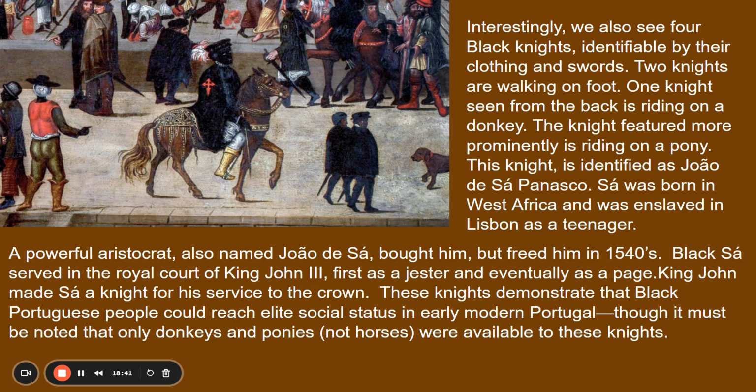Two of them are walking on foot, and then you have one knight that you can only see from behind. You can only see his back, and he's riding a gray donkey. And then there's a more prominent knight that is riding a pony.